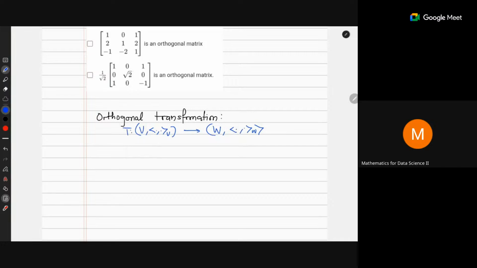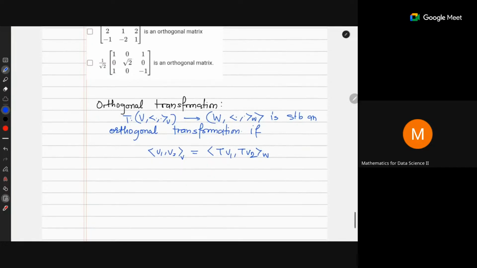So a linear map from one inner product space V to another inner product space W is said to be an orthogonal transformation if the inner product of V1, V2 in V is equal to the inner product on the corresponding images in W.